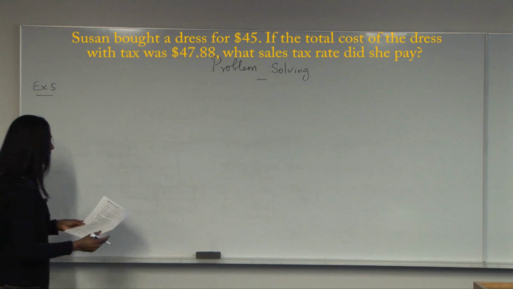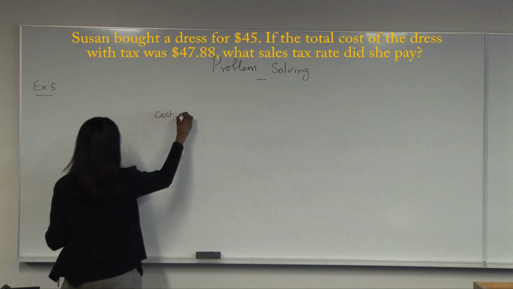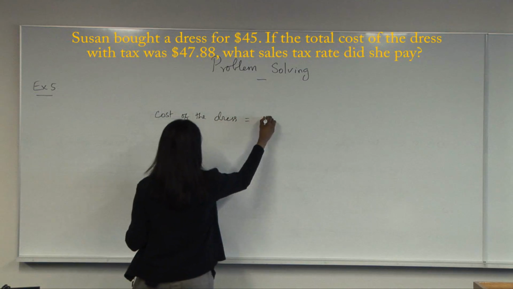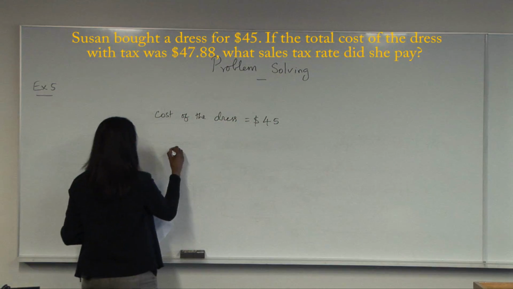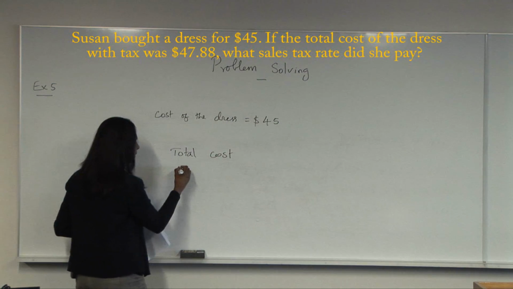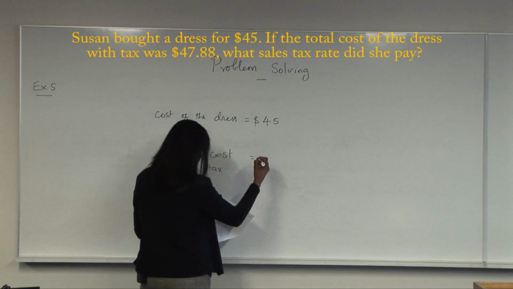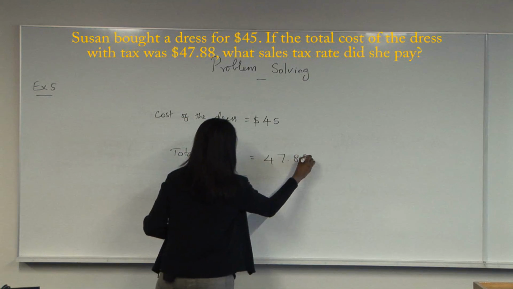So the cost of the dress is $45, right? Total cost, that is with tax, is $47.88.